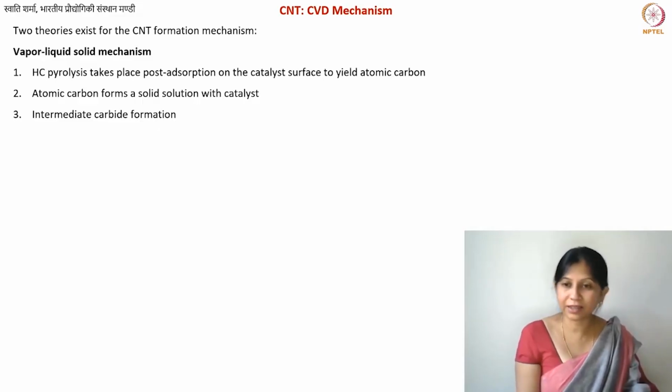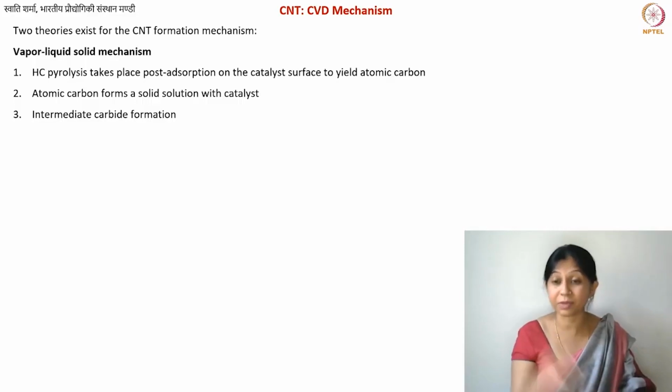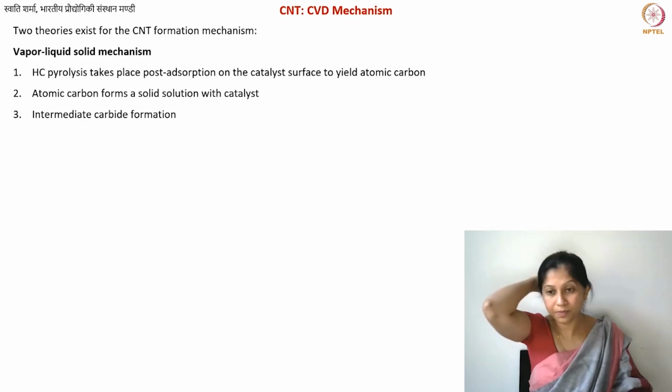So we know that in the context of catalytic graphitization, whenever we have transition metals, there is a high probability that some carbide will be formed, and then you can have carbon precipitating out of the carbide. So this is a very well-known theory, and in fact catalytic graphitization is industrially used for a lot of purposes.